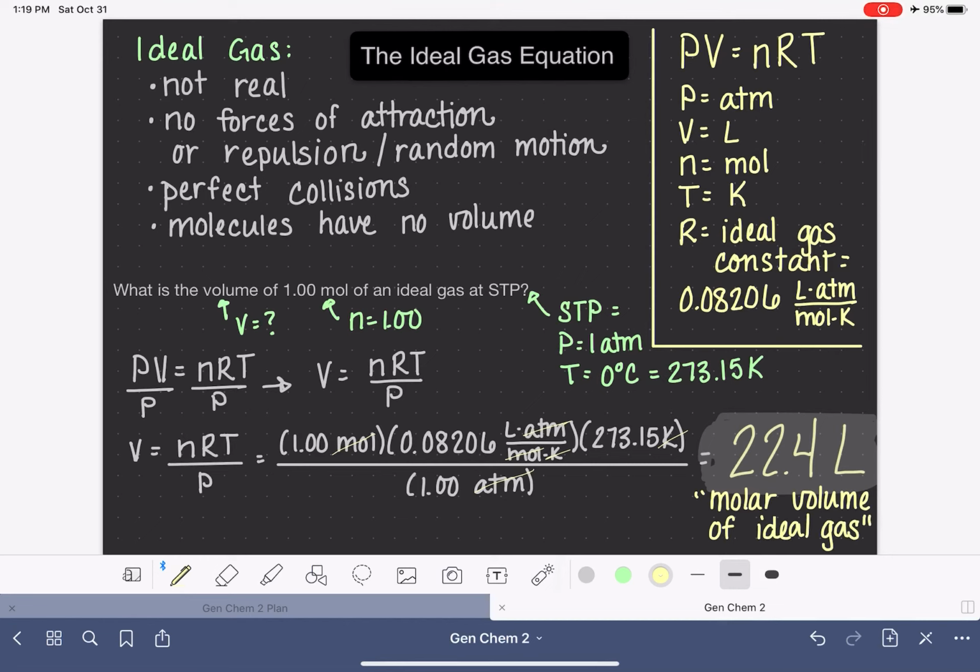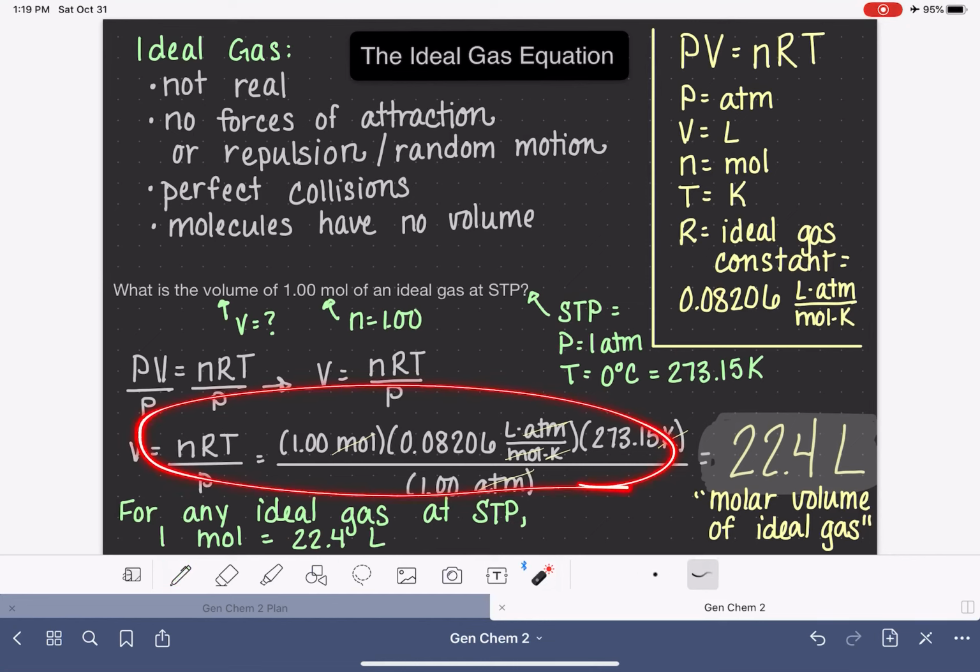This is, like I said with this problem, we weren't talking about any particular gas, neon, helium, hydrogen, it could be anything. No matter what the gas is, for any ideal gas, if it is at STP, standard temperature and pressure, 1 mole of that gas has a volume of 22.4 liters, which is what we just proved with this equation right here, plugging in 1 mole and the conditions of STP.